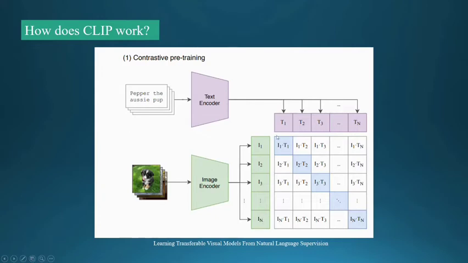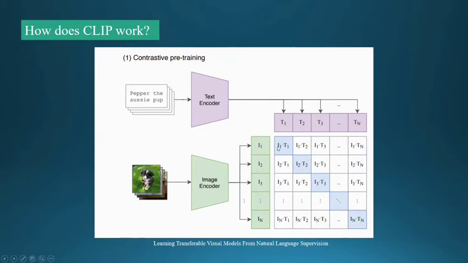And at the end, they created what is named the similarity matrix. The elements of this matrix are the dot product of the representations of the images and the representations of the text. For example, here I1, T1, then I1, T2.